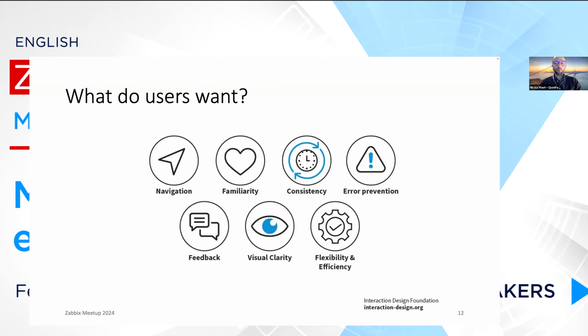These are some common requirements for general software usability: navigation, familiarity with other tools, consistency in space and time, preventing users from making errors and mistakes, feedback for user actions, visual clarity, and of course, flexibility and fast operations.